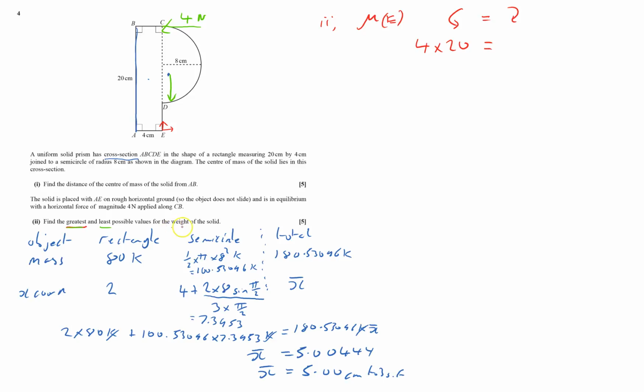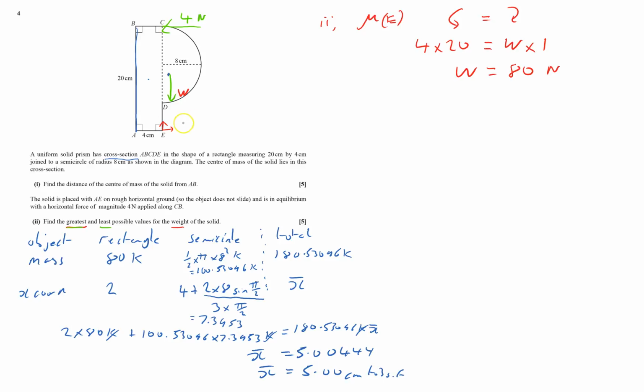Oh yeah, we'll work out the weight of the solid. So this bit I should label W. That'll be W times the distance there. Well, that's 5 centimetres across to here, so it's going to be 1 centimetre. So W equals 80 newtons.